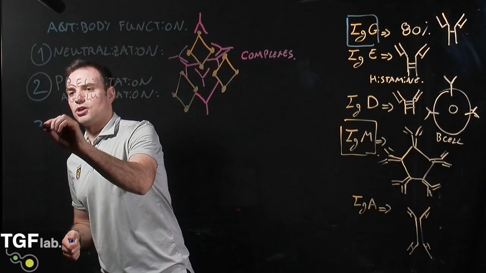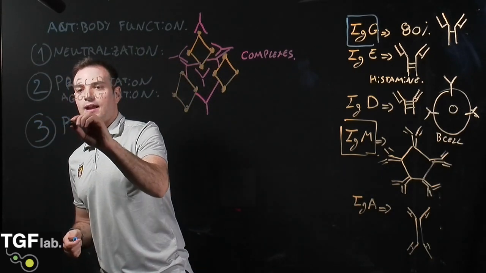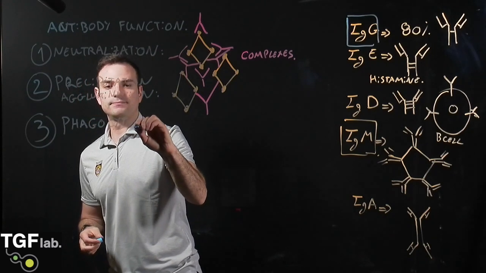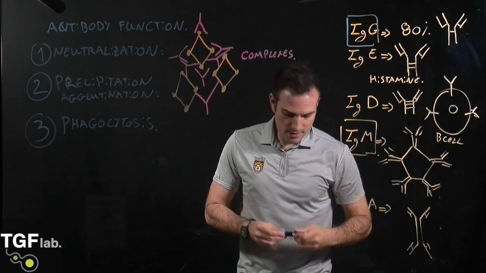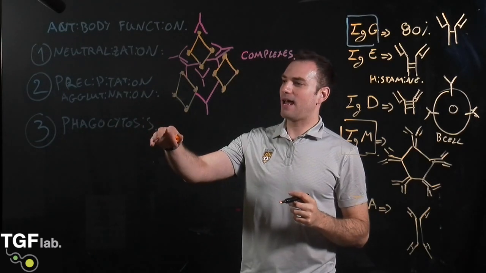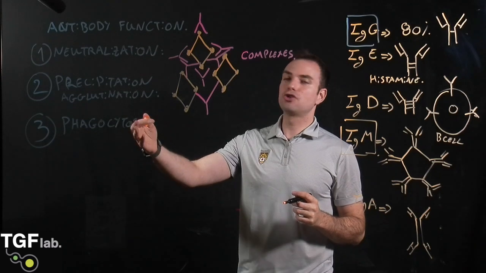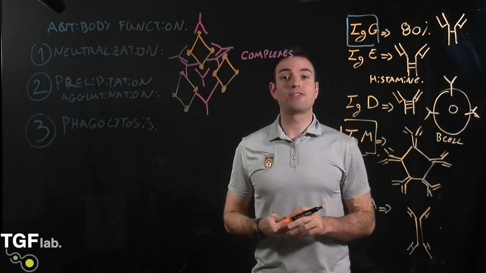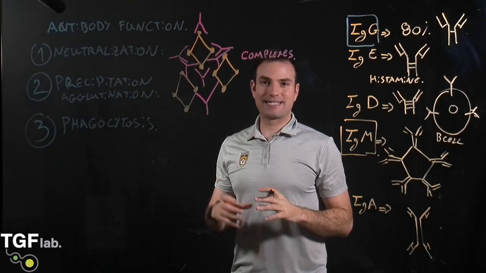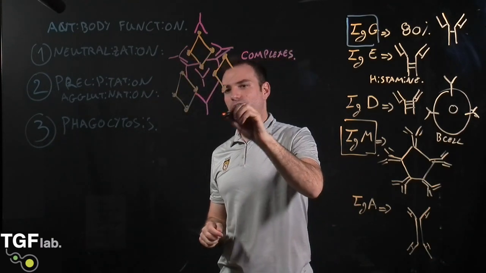Then also, their function is to initiate the process of phagocytosis. The antibodies are going to attract different immune cell types that are going to achieve the process of phagocytosis. So they are going to engulf and digest these different toxins and viruses.